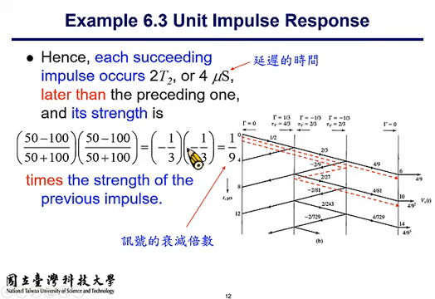How about the magnitude? Compared to the first pass, here you experience a reflection, which has a reflection coefficient of -1 over 3. And here you will experience another reflection, which has a coefficient of -1 over 3 as well. And the rest are the same as the first pass. This is tau 12, this is tau 23.